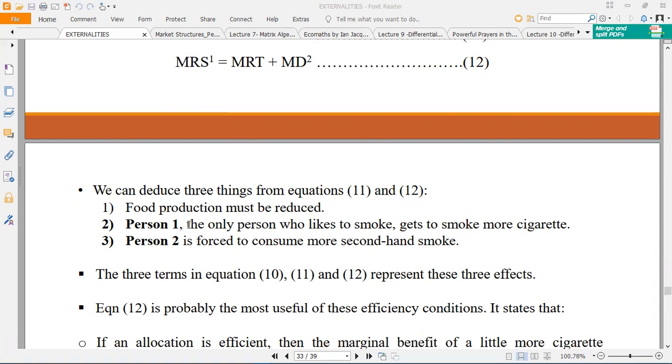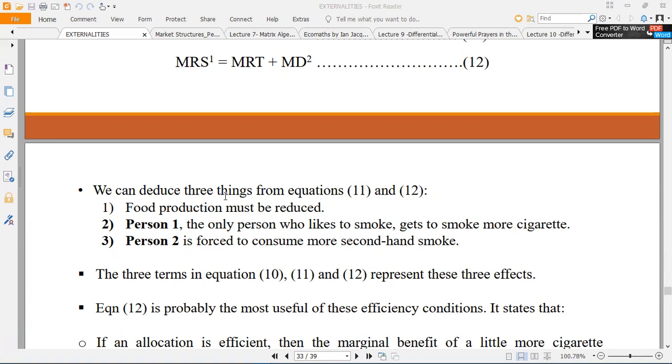If you remember, under the analysis of externalities, we said that when goods have a negative consumption externality, the consumer will tend to overconsume. The person will be trying to consume more of the good that causes the negative externality. But the first person wants less of the good that is causing the externality, and he'll be trying to sacrifice more of food just to cause the other person to reduce the quantity of cigarettes that he consumes.